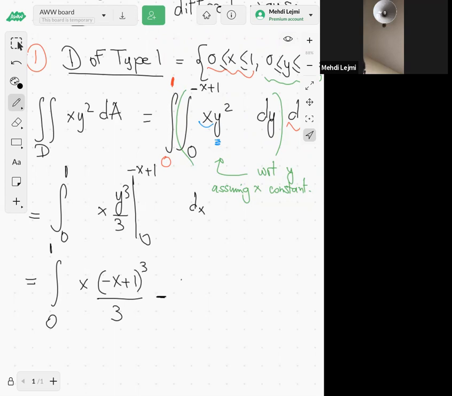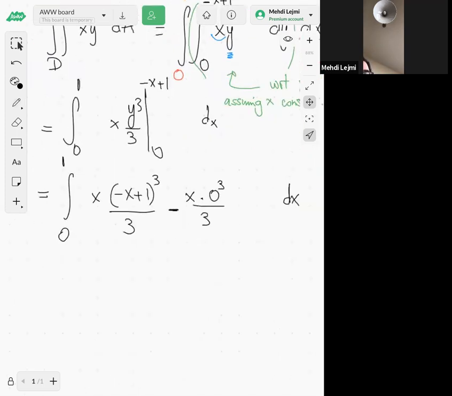So it's x times 0 cubed over 3. That will be equal to the integral from 0 to 1 of x over 3 times 1 minus x cubed.